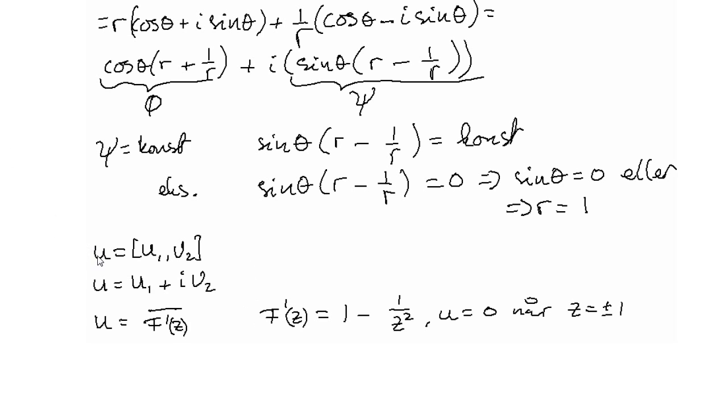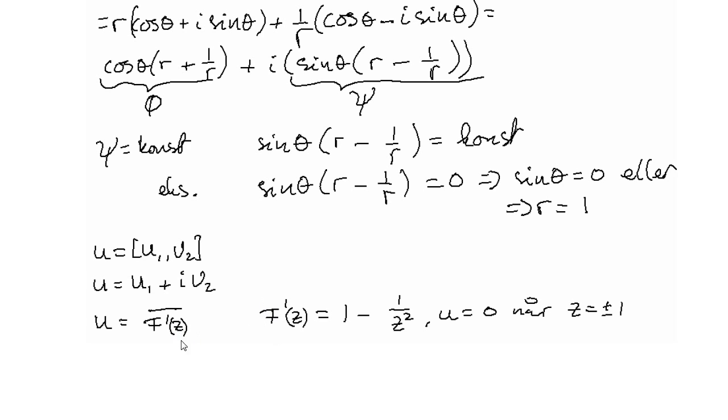Okay, we have that the velocity u, which is u1, u2, can alternatively be written as a complex function in this way. We have seen this before, and we have also proved that u can be written as the complex conjugate of the derivative of the complex potential.